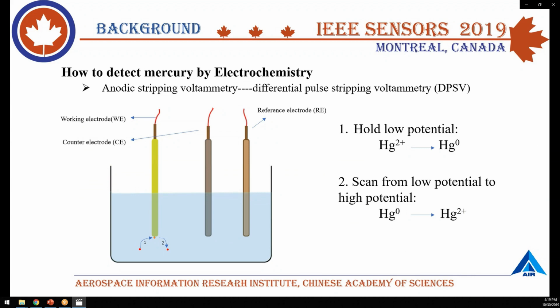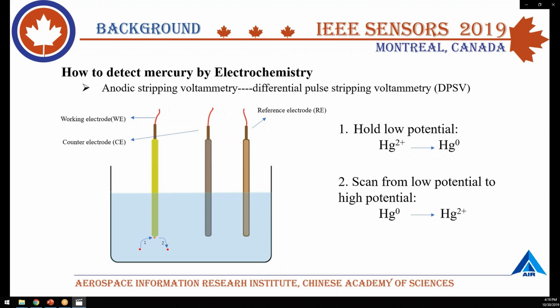Then, we will talk about how to detect mercury by electrochemistry. Among electrochemistry methods, differential pulse stripping voltammetry (DPSV) is widely used for mercury detection because it is convenient and has the advantage of high sensitivity.